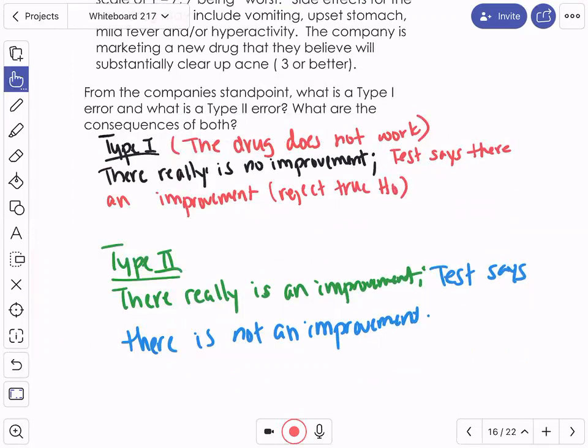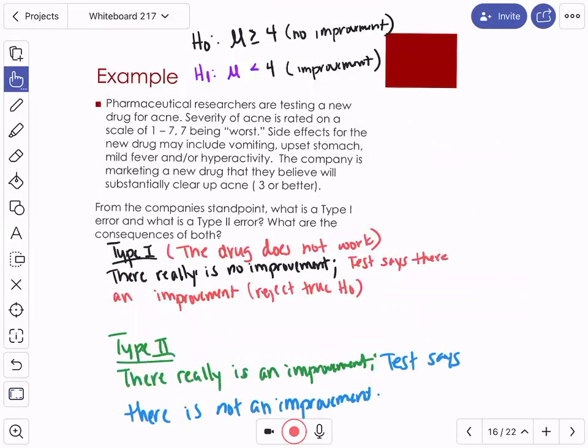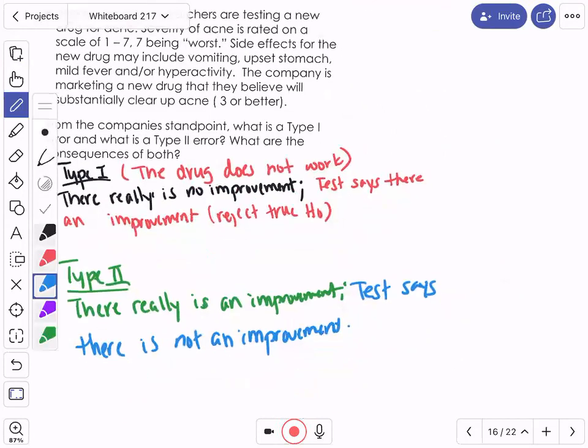So there really is an improvement now. The null this time in this particular case is false; the alternative is actually true. There really is an improvement, but the test says that there is no improvement. You have failed to reject.